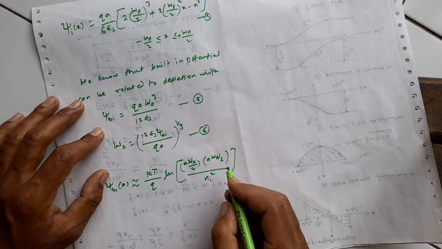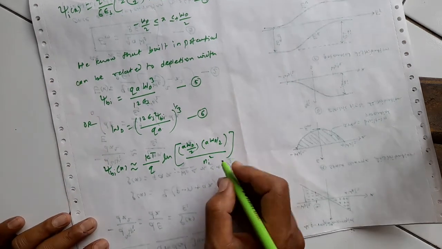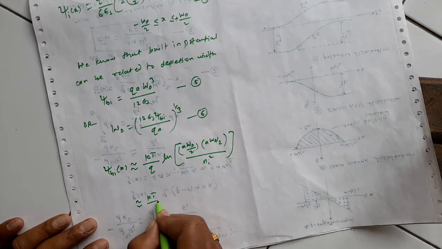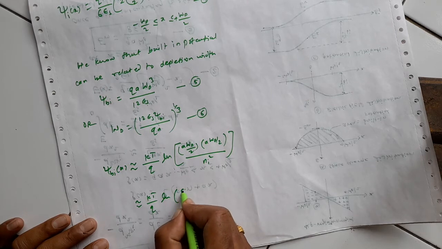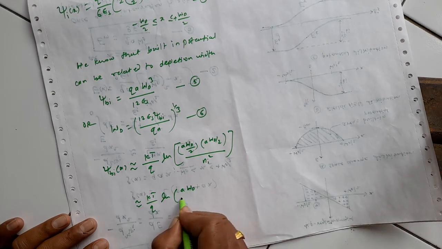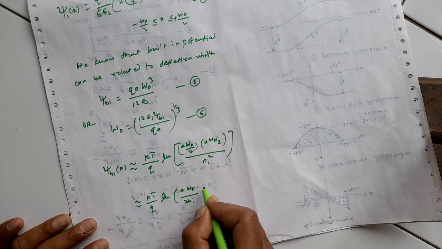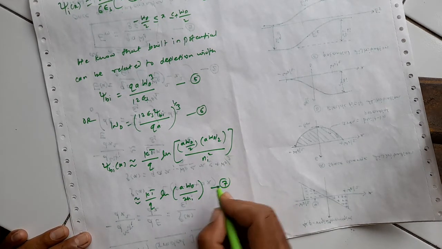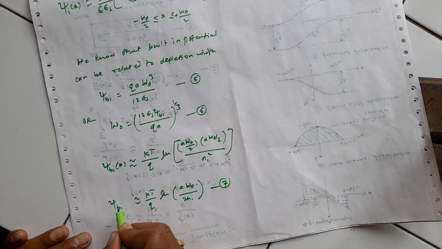This is something like what we have seen earlier. So this can be approximated as k T by q ln of a W d upon 2 n I. This gives us equation number 7. This is psi b I.